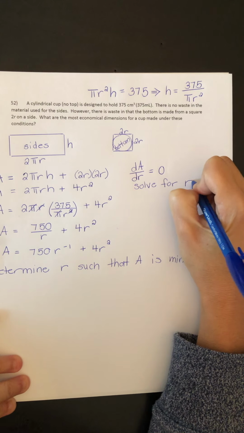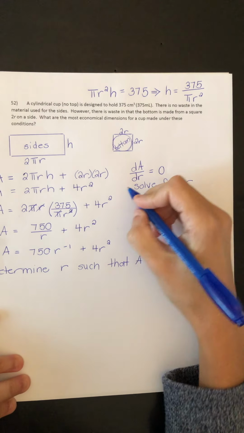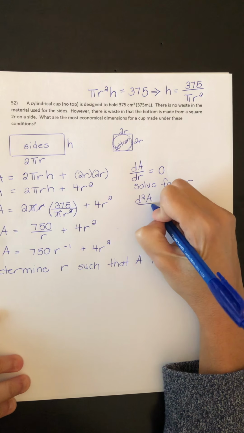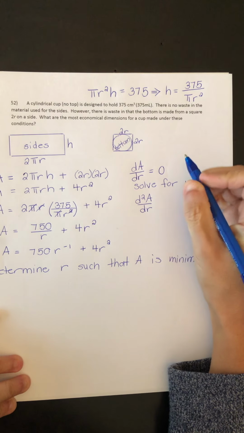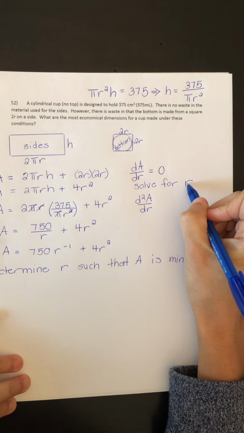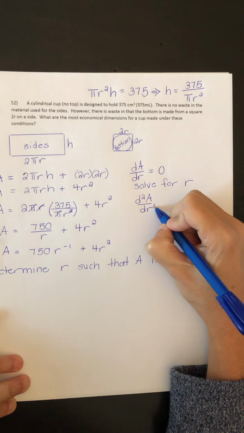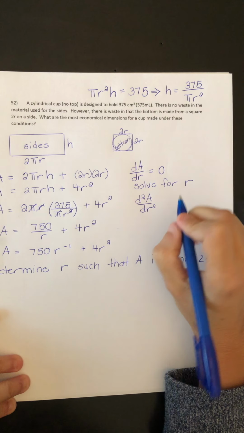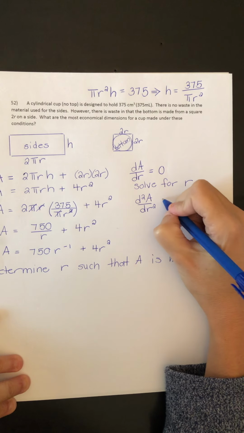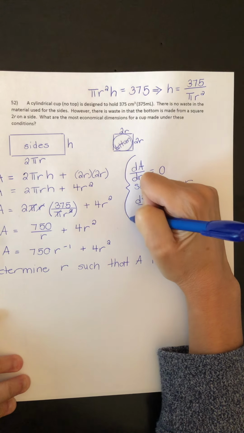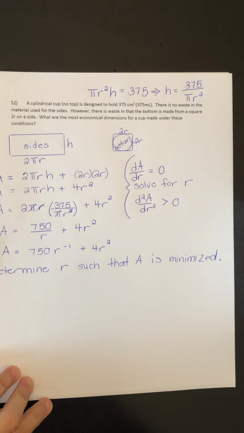We will then solve for the radius r, and we can guarantee or show that at this value of r, the second derivative, d squared A by dr squared, is greater than 0. So this is our plan of action now to solve this problem.